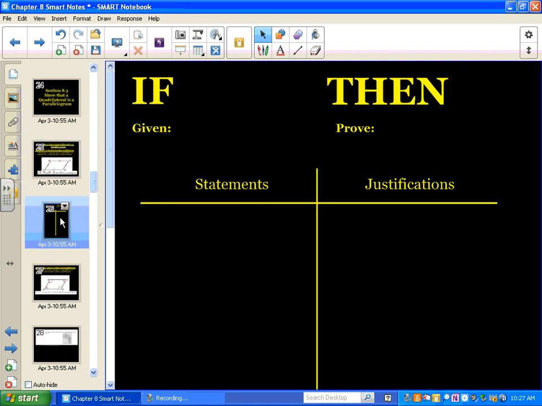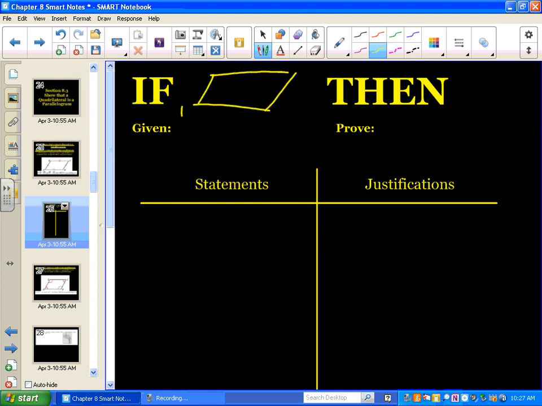Looking at an if-then picture. The if part of this theorem, what will we draw? Go ahead, Tyler. Okay, very good. A quadrilateral with opposite sides congruent. So we'll do A, B, C, D, and we'll make the opposite sides congruent.